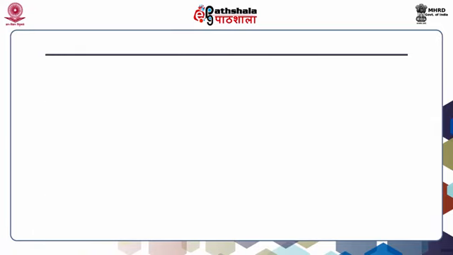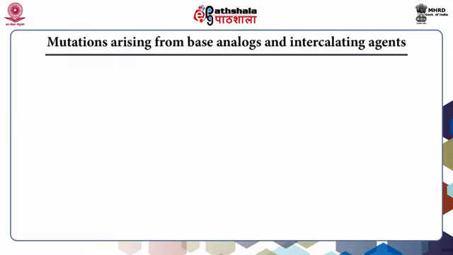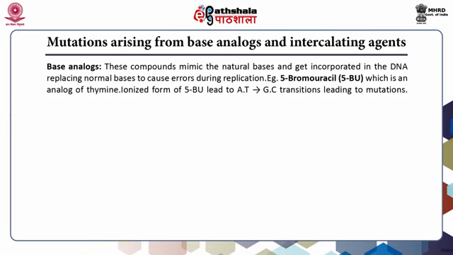Another important category is the mutation arising from base analogues and intercalating agents. Some base analogues are compounds which mimic the natural bases and get incorporated in the DNA, replacing normal bases, to cause error during replication.